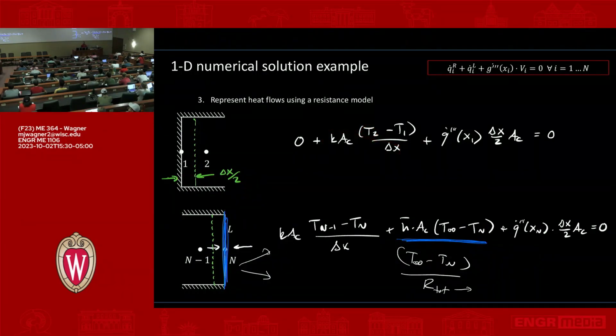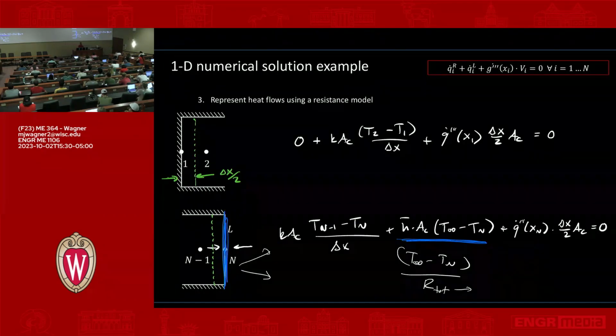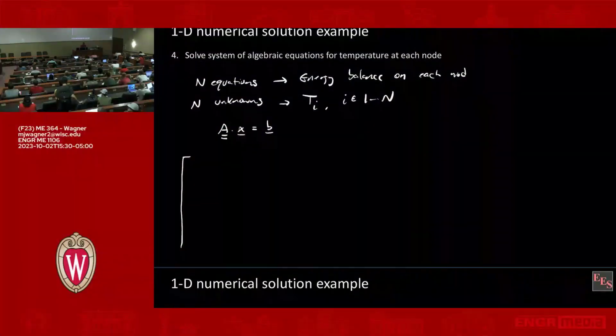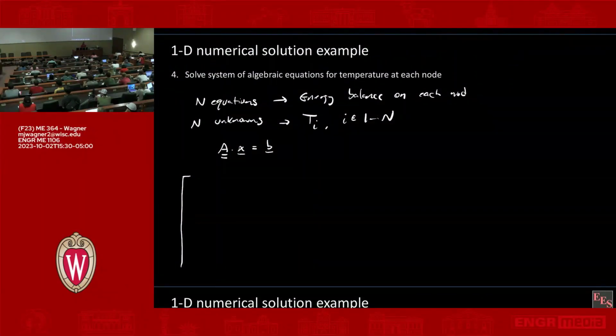And then you have some other stuff that doesn't relate to the temperatures, like this G triple dot delta x term. All that stuff is going to be a constant. This is like the b part of that equation. So what it looks like when you actually write it out, if we pick some general conduction problem, we'd have this first row. The first row corresponds with the first equation.